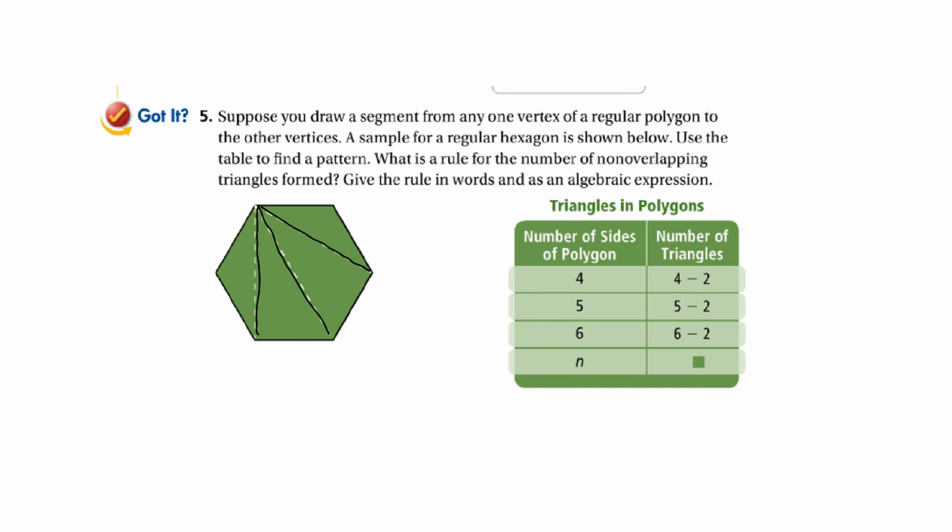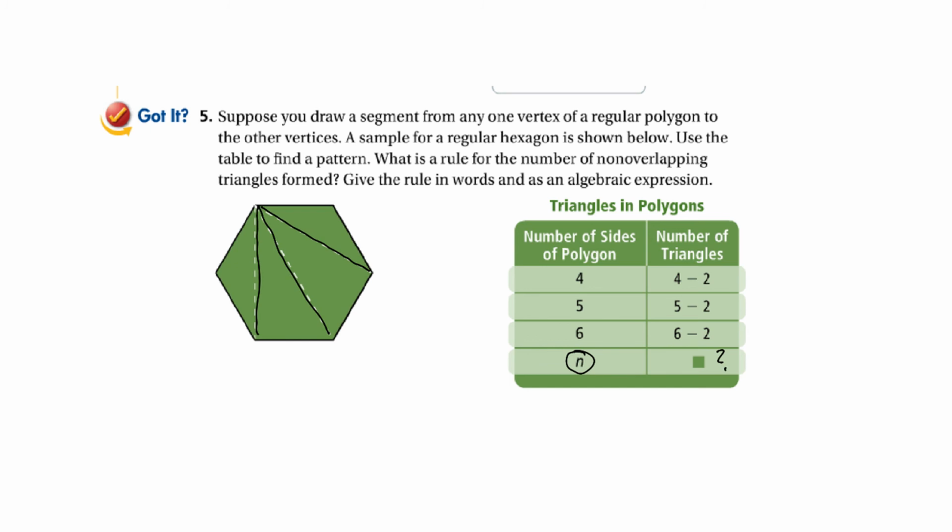They ask us then, using the table, to write a rule for the number of non-overlapping triangles formed. If we look in the left column, they tell us the number of sides of the polygon. And that we are calling the variable n. The resulting number of triangles is what they want us to figure out.